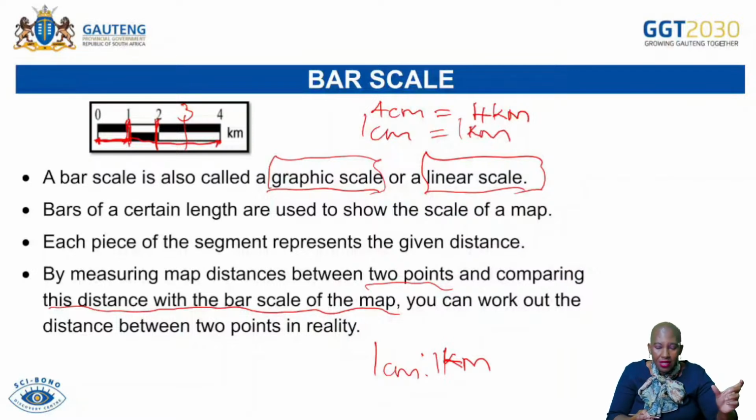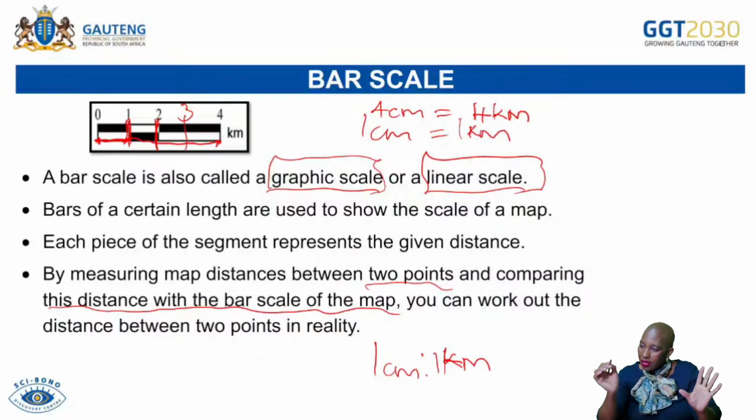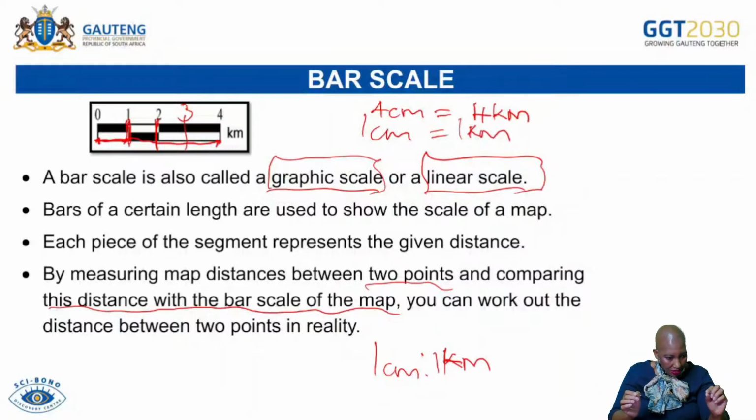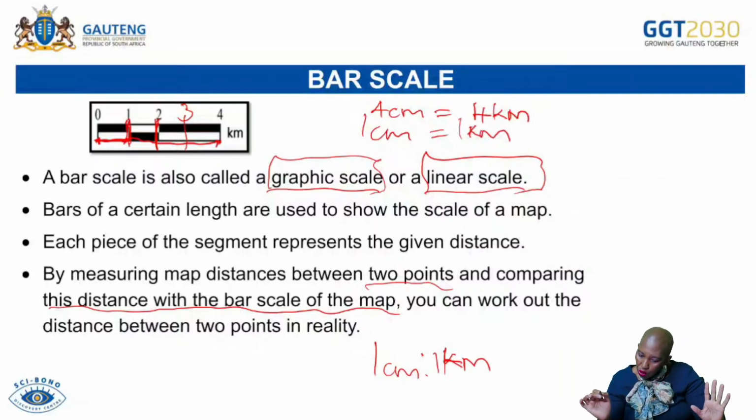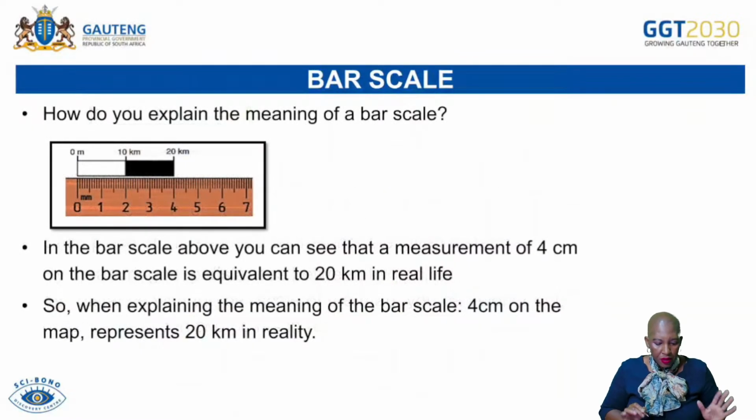So that means 1 centimeter is equal to what? Is equal to 1 kilometer. 1 bar is equal to 1 centimeter. So it's the same. Don't confuse yourself.